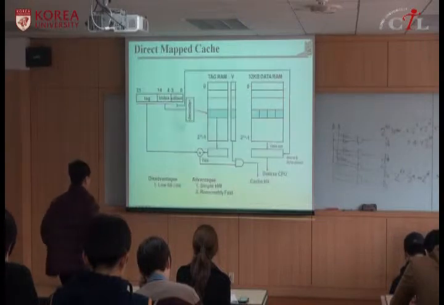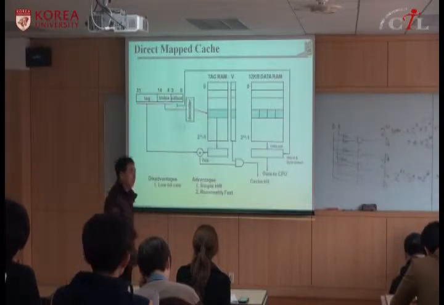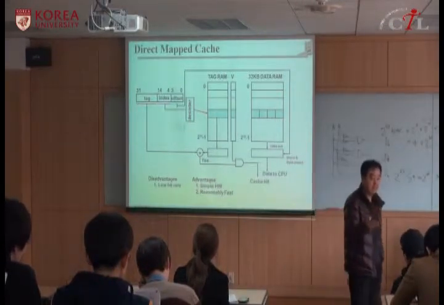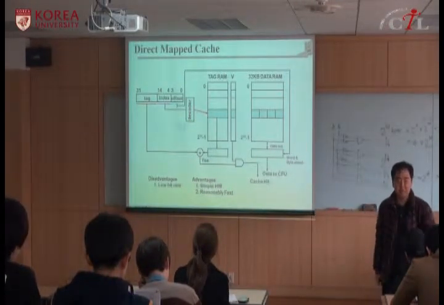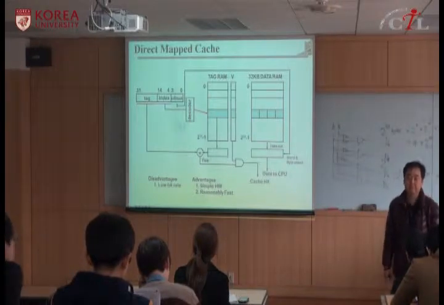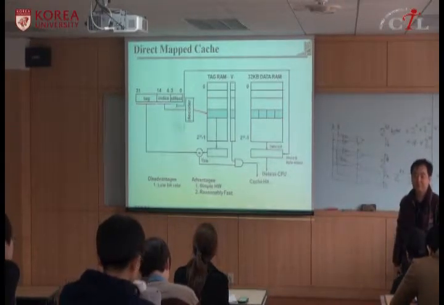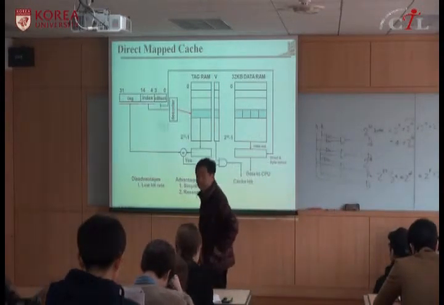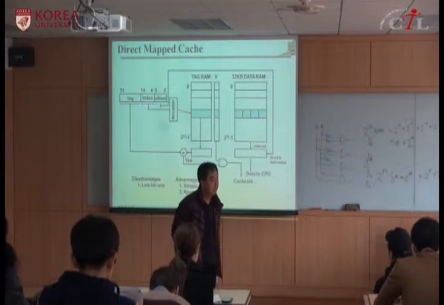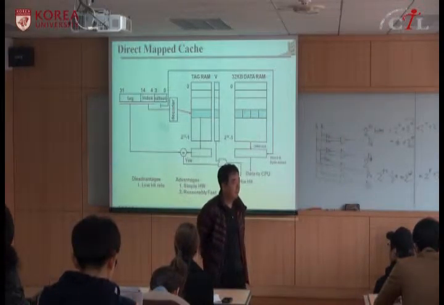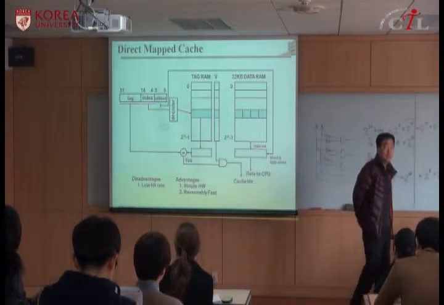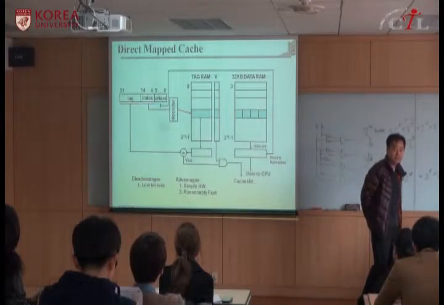Which one is faster, fully associative cache or direct mapped cache, to determine hit or miss? You have to think before you answer.